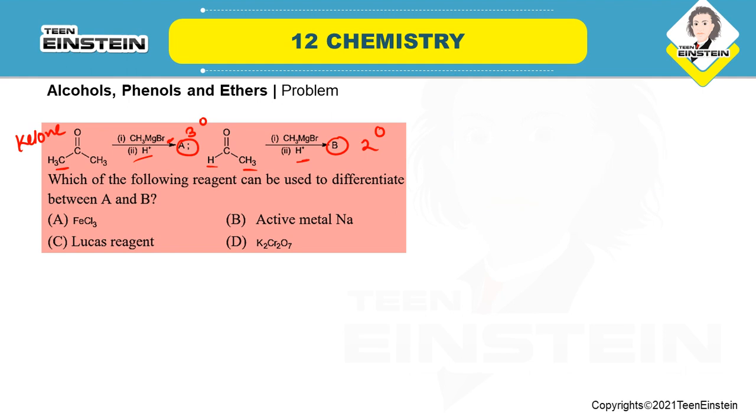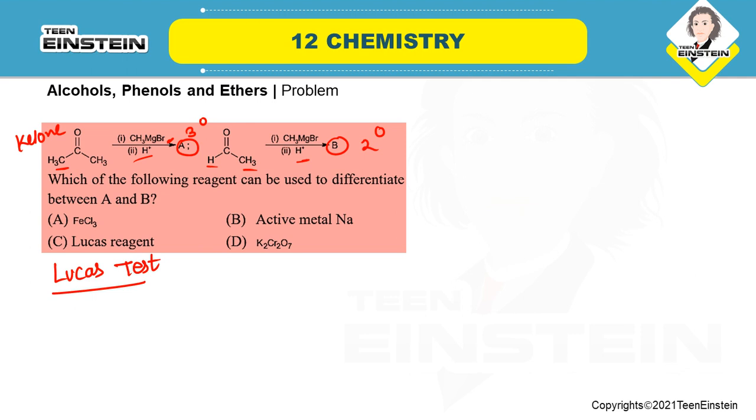Sorry, 2 degree and 3 degree alcohol we can differentiate by using Lucas reagent. This reagent is used in the Lucas test. This reaction will be discussed later in this chapter, then you will be able to understand the exact mechanism of what is going on here.